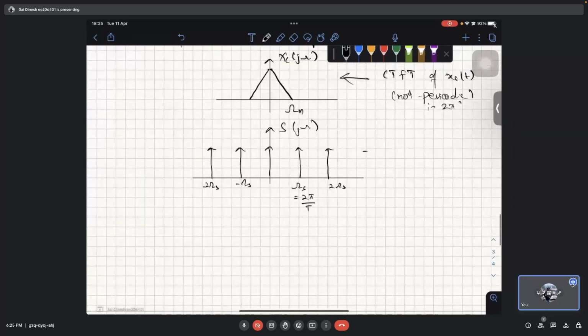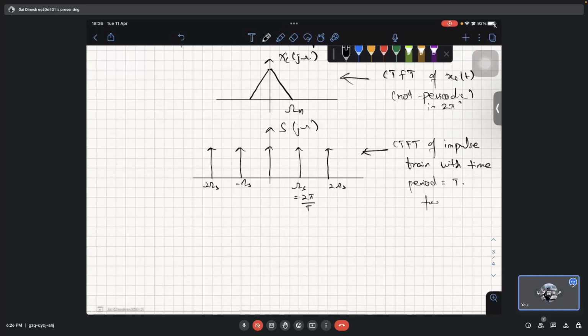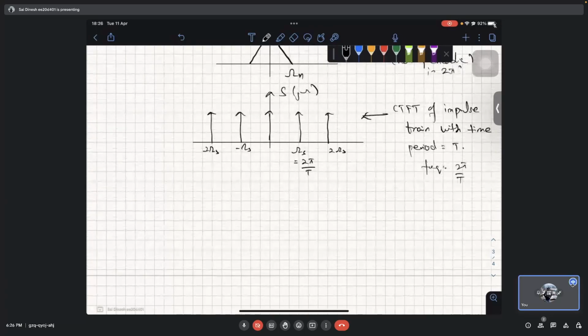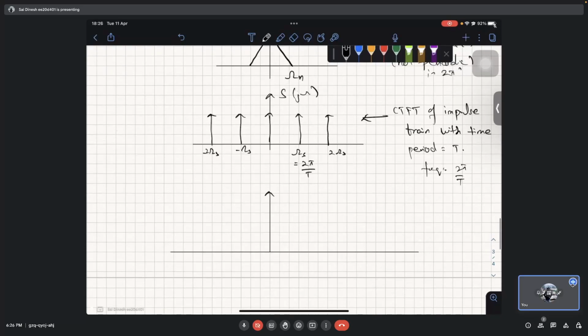So this actually is the CTFT of an impulse train with time period equal to T. So the frequency is 2 pi by T and it is periodic, with impulses at omega s, 2 omega s, where omega s is equal to 2 pi by T. If we multiply these two, we have seen that what we get is a shifted version of the original signal with a gain of 1 by T, right?